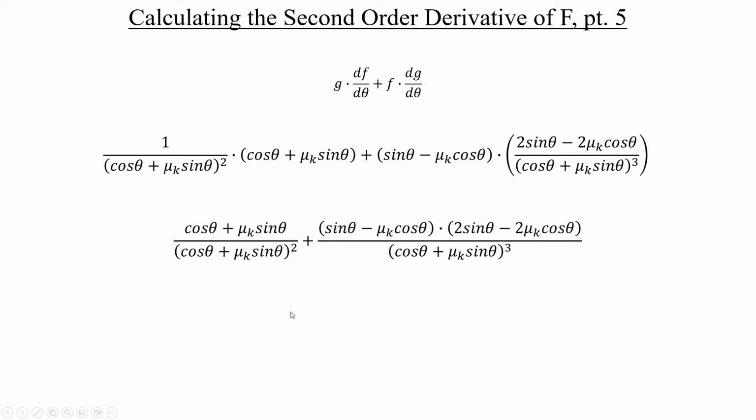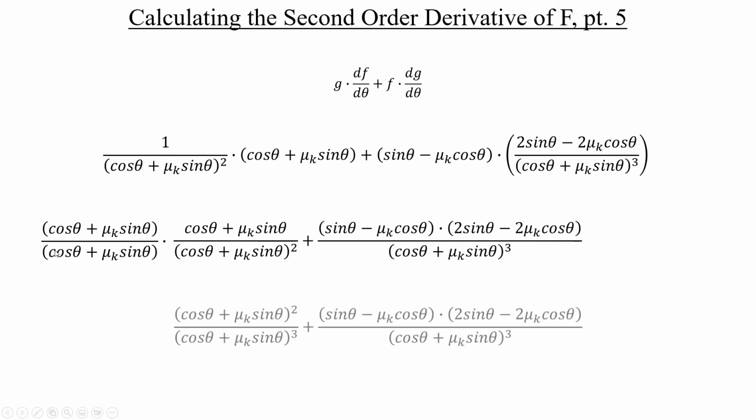We can actually squish these together into a single denominator if we take this left term here and multiply it by a special form of 1. Okay? That will make the denominator have the same exponent as the one over here. And up here in the numerator, well, we're just multiplying the same thing twice, so we'll have squared upstairs.